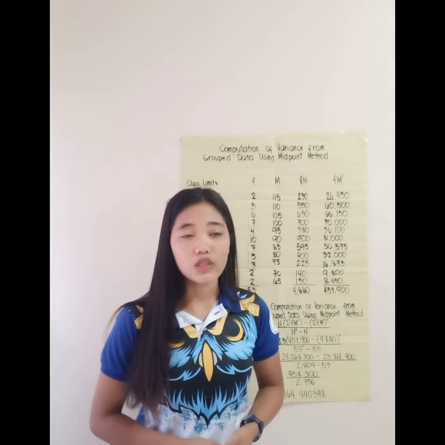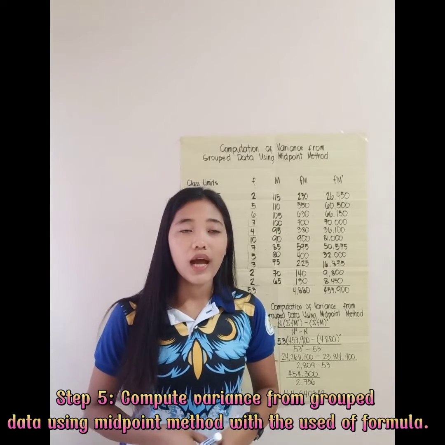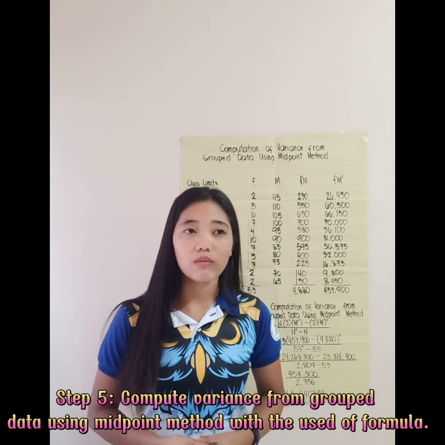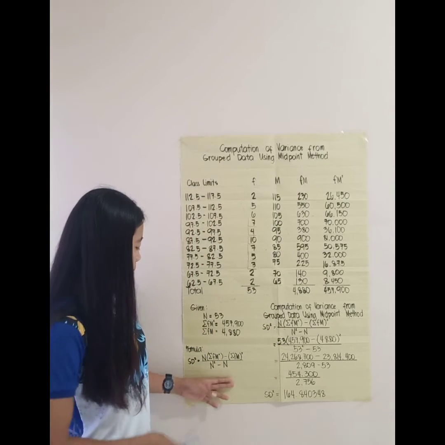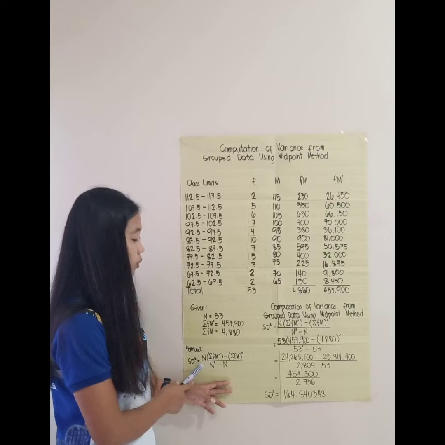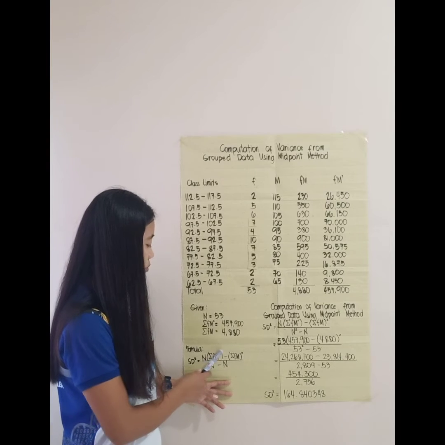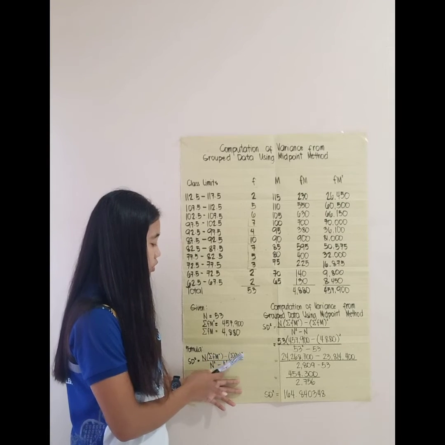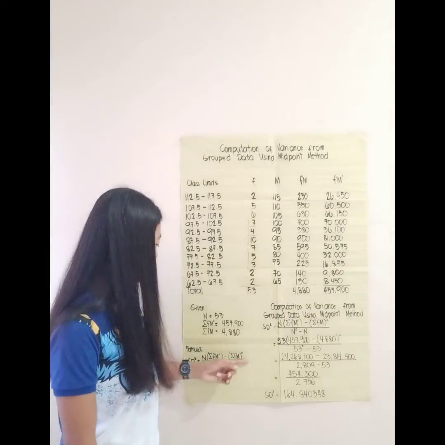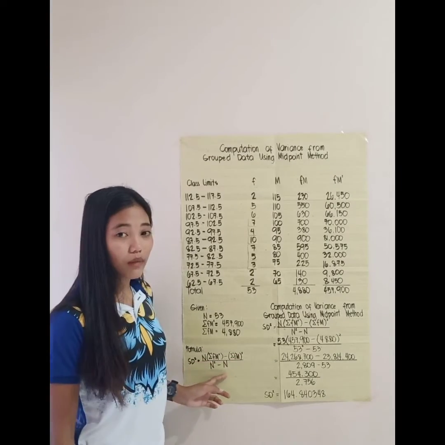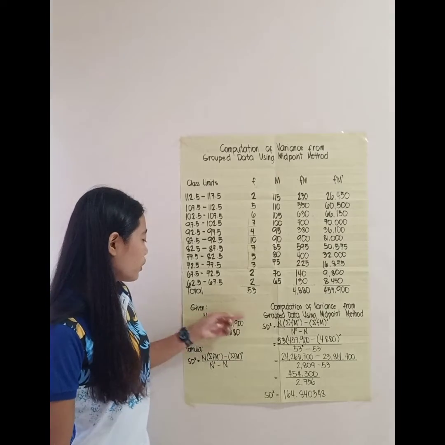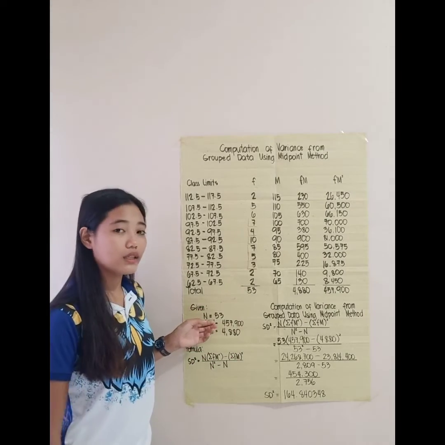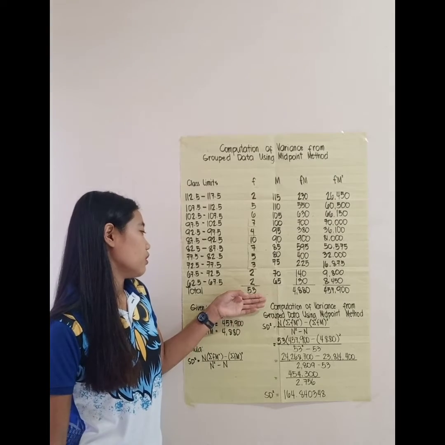Now, let's apply our step 5, which is to compute the variance from grouped data using the midpoint method with the use of the formula. Our formula is SD squared is equal to N times the summation of FM squared minus the summation of FM raised to the power of 2, divided by N squared minus N. So we have here the given. Our N is 53.